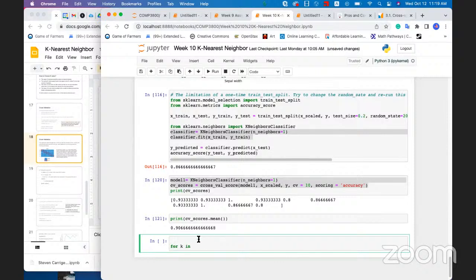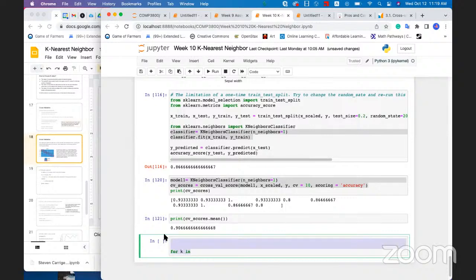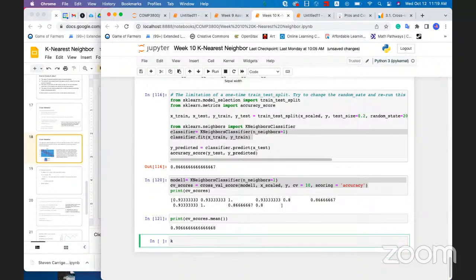So first we have to define the k values, just a list, an empty list.